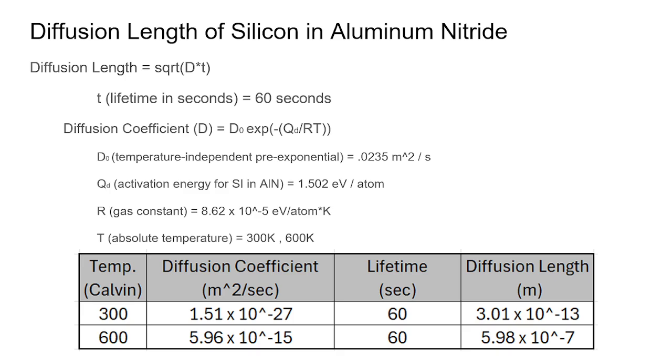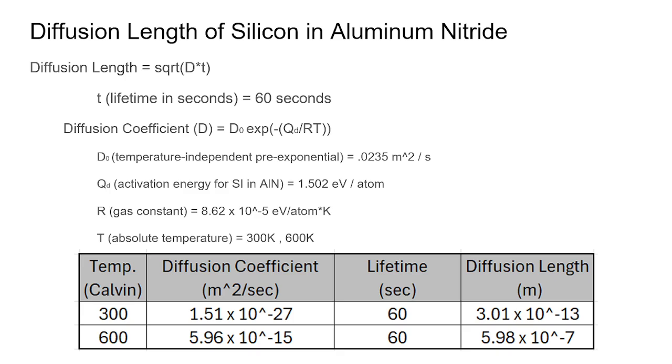The diffusion coefficient is again D naught times exponential negative Q_D over RT. Q_D again is the activation energy for silicon in aluminum nitride, R is the gas constant, and T is the absolute temperature.